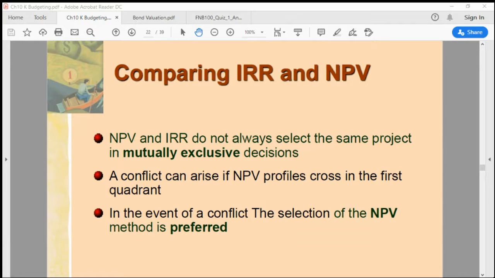In other words, it depends on the order of the equation, right? Depending on the order of the equation, you could have multiple solutions. But then, multiple solutions would be the question of negative or positive solution. In other words, you may encounter negative IRR and positive IRR because of the math.